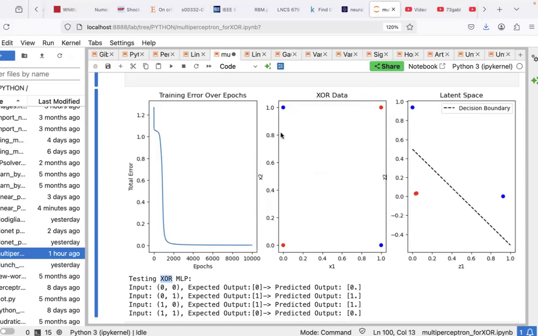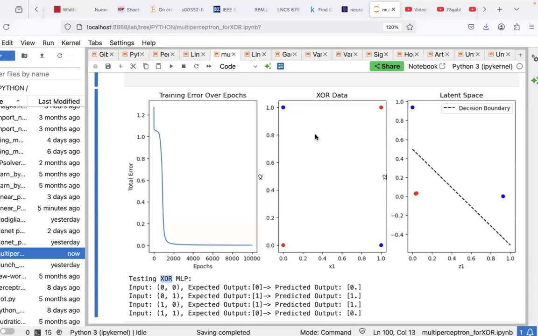However, this input becomes the input of 2 perceptrons, which form a layer, and they give two outputs, z1 and z2, which are hidden. They are the latent variables, which form another space.